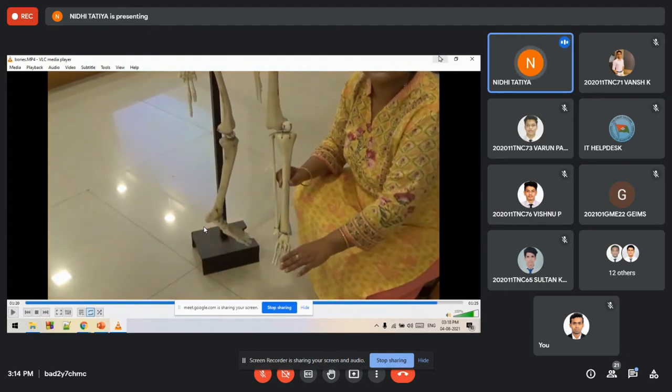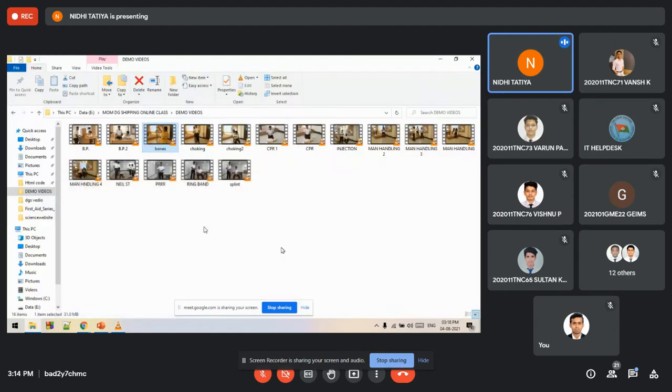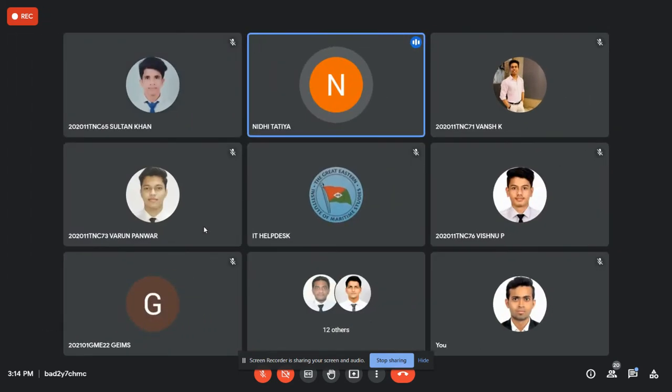Okay, so these are the two parts which I had to tell you. In the hand, you have humerus, radius, ulna, carpals, metacarpals, and phalanges. And in the leg, you have FFTT: femur, fibula, tibia, tarsal, metatarsal, and phalanges.